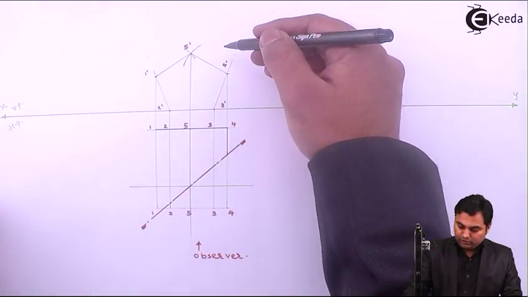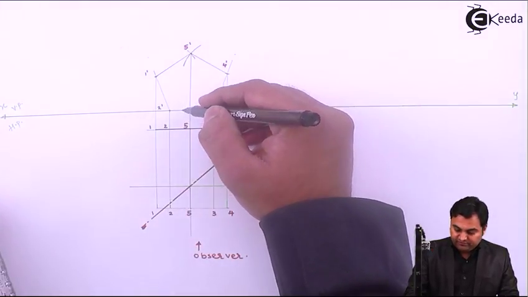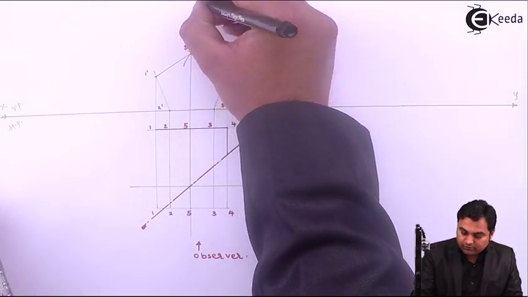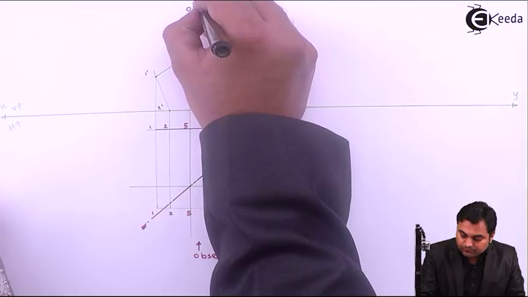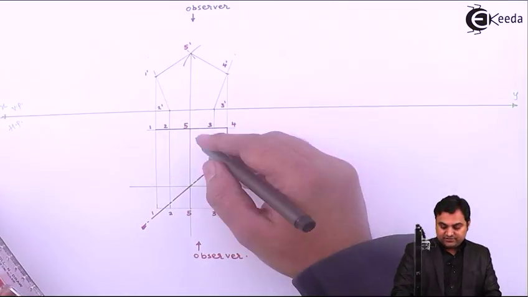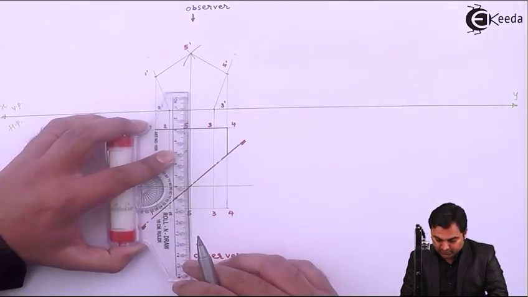When we are looking from top, this point 5 is visible because as an observer, when we are drawing the top view, this point 5 dash is visible, so this edge will be dark.